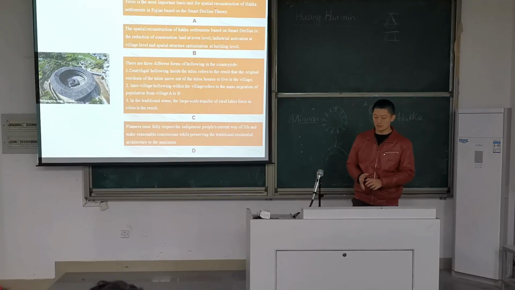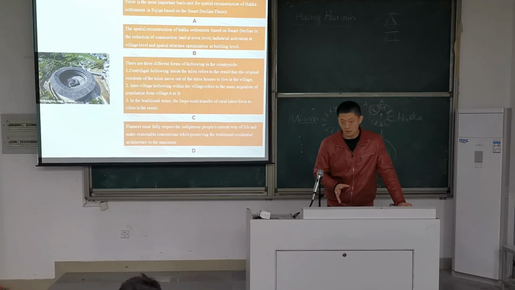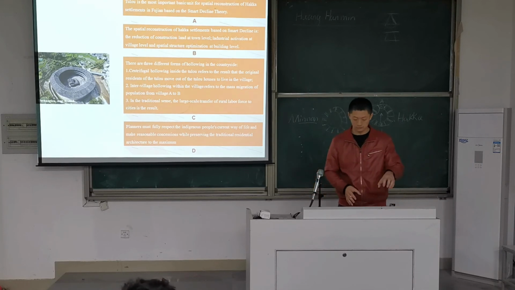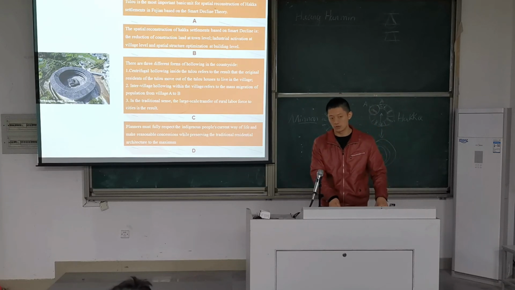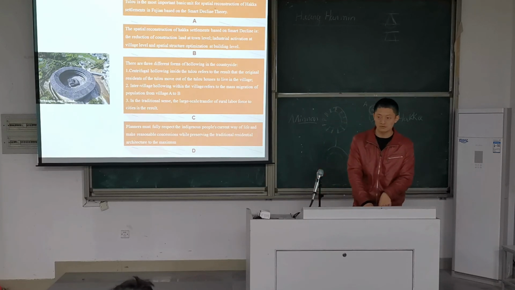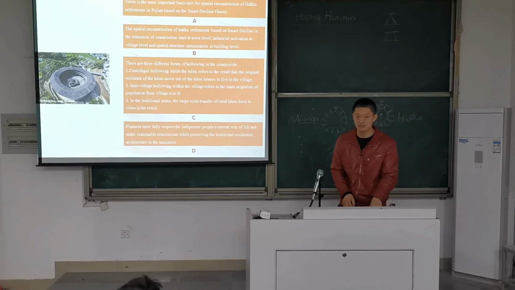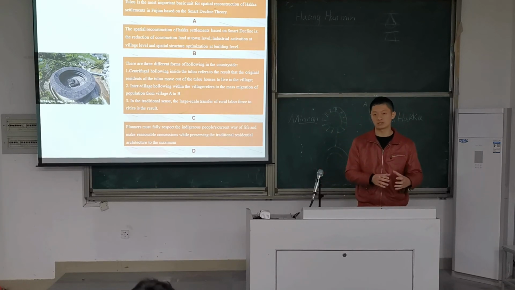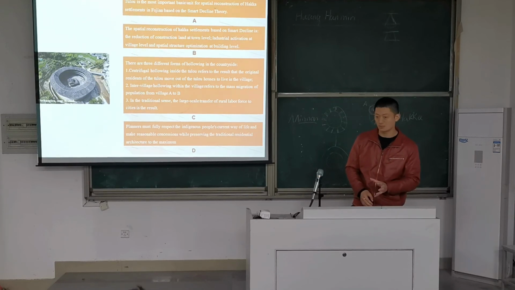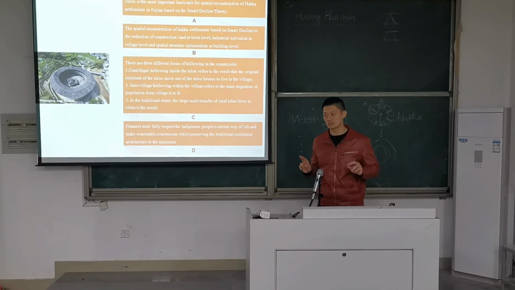The hollowing out of the countryside is more complicated because it's not only from the countryside to the urban area, but also from a specific point of the countryside to another countryside or to other places, making the previous traditional dwelling hollowing out. That is the core problem of the hollowing out issue.